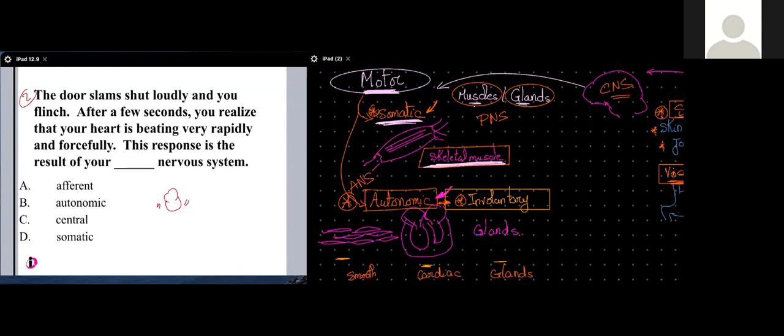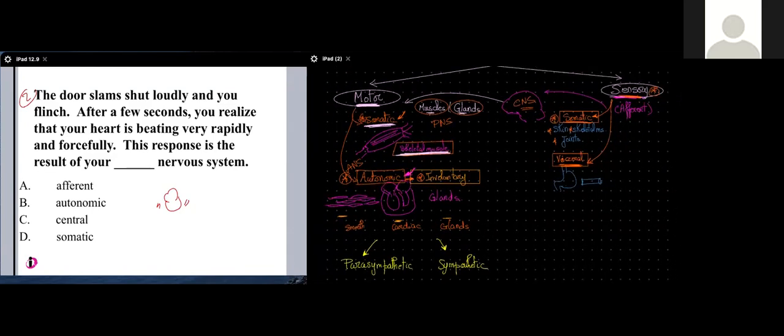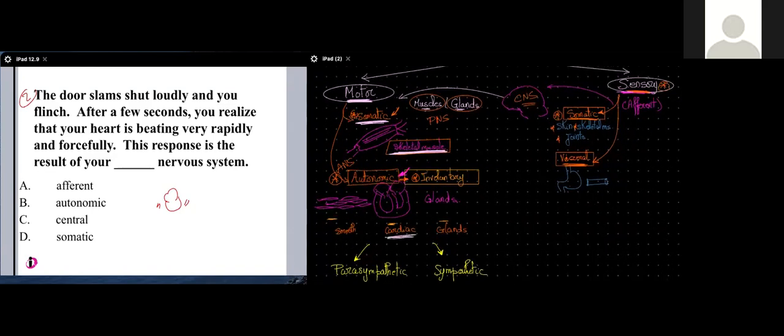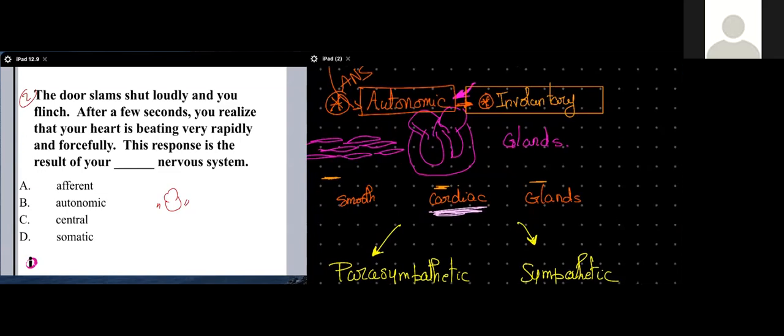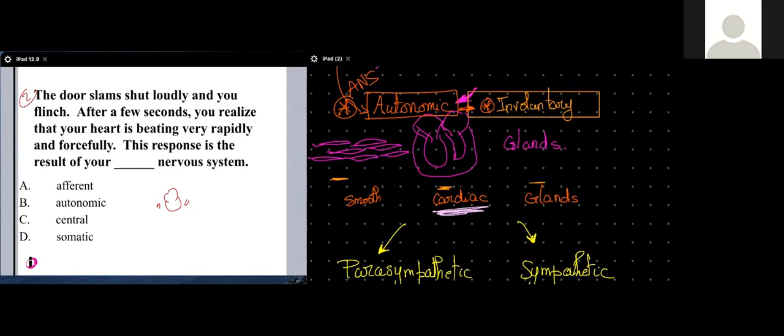My heart is contracting faster. I have an increase in my heart rate. So what part of the nervous system is going to be responsible to send out signals to your heart? See 3 responses out of 21 people attending. 5 responses.